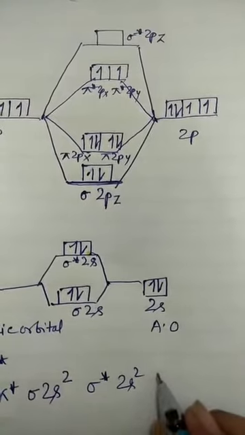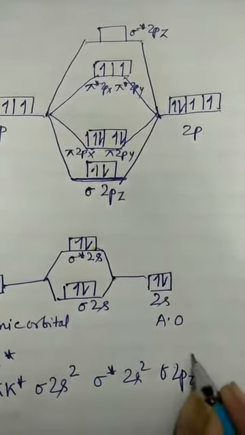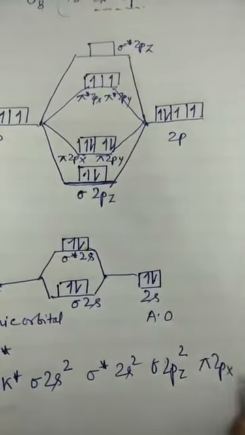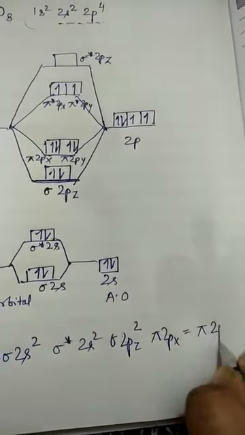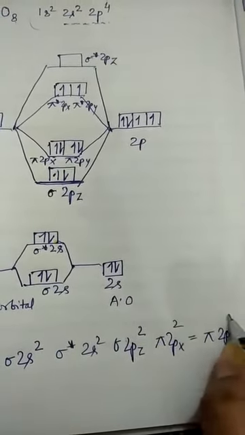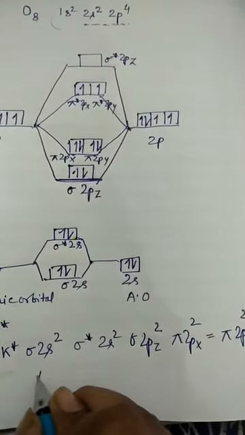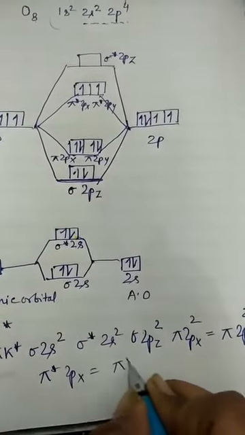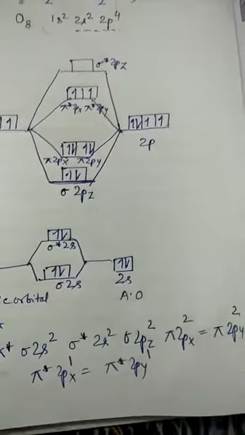Then students, we have sigma 2pz2. Then comes pi 2px equal to pi 2py, having 2 each, and pi star 2px equal to pi star 2py, 1 in each.